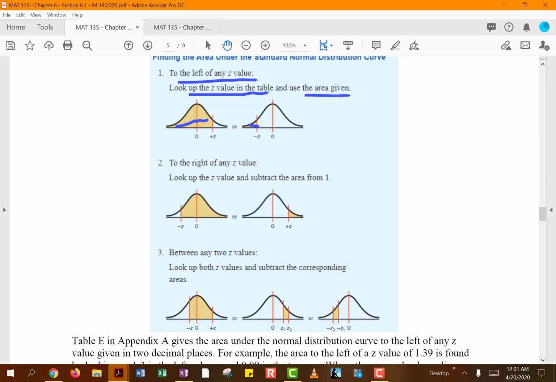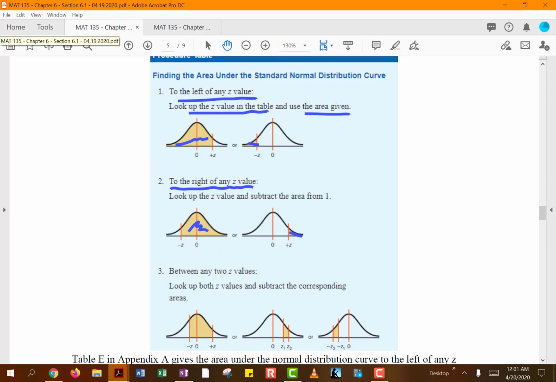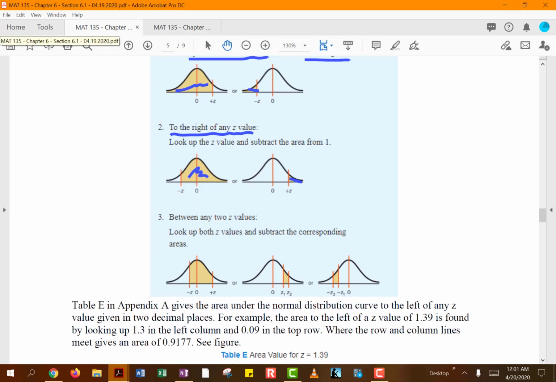Okay? If they ask you for the area which is going to be to the right of the z-value, so again, depending on whether you have a positive or a negative z-value. So if you are trying to find this area, since by default your normal distribution table always gives you the value to the left of the z-value, which is what we're seeing in case 1, if you wanted to find the area to the right of the z-value, you actually have to look up the z-value, see what that area is going to be, and then subtract that answer from 1.